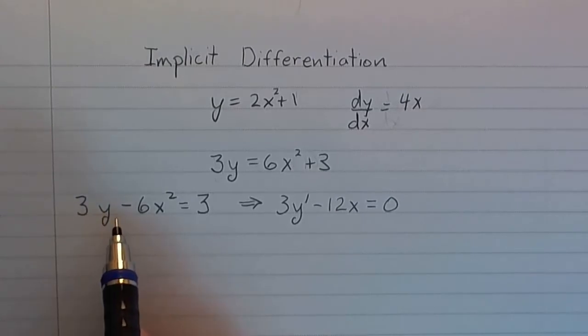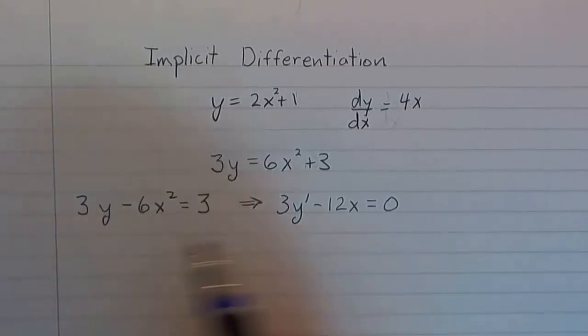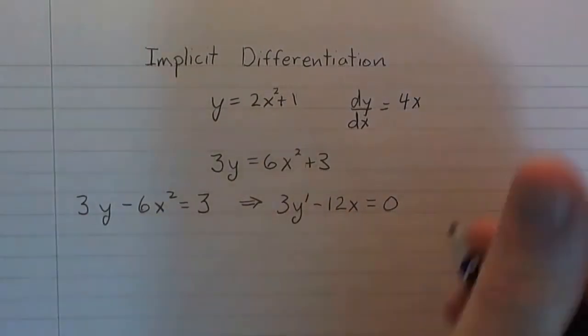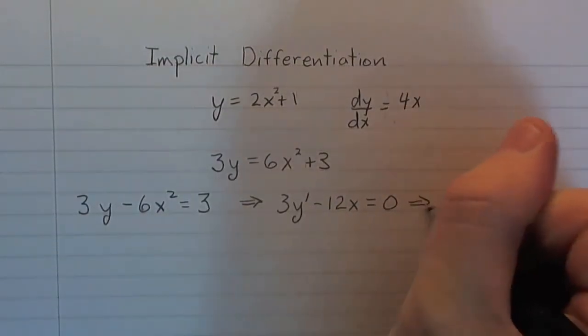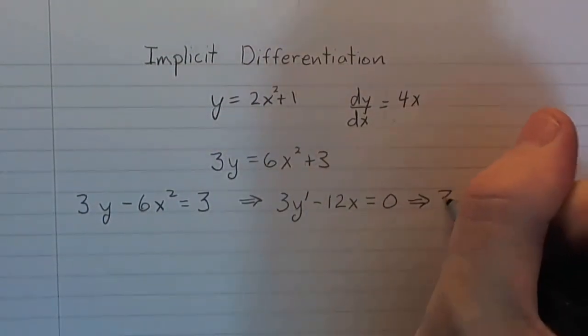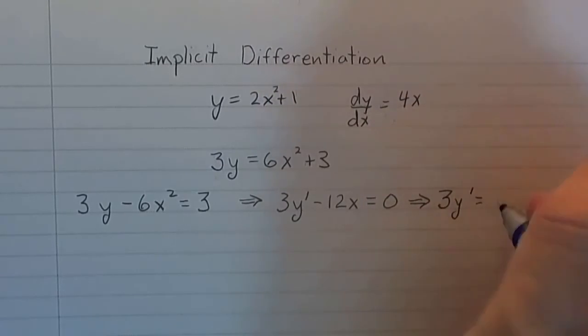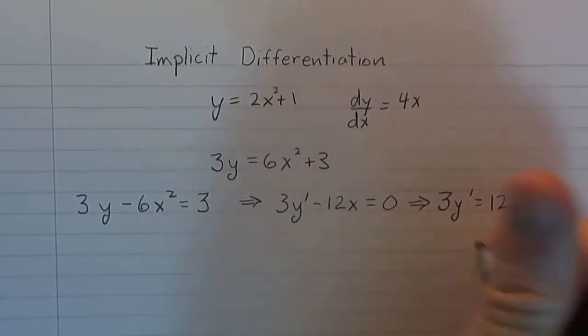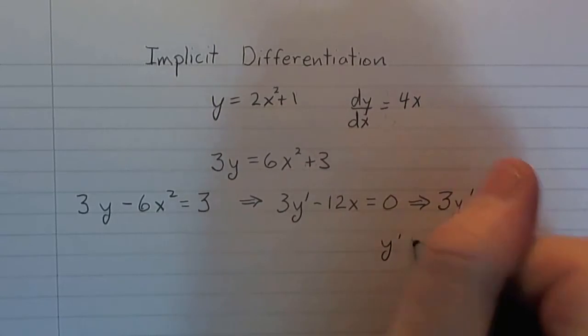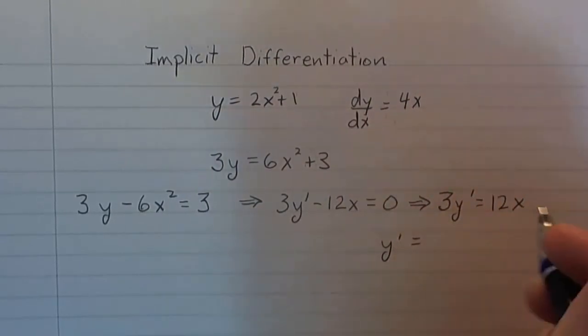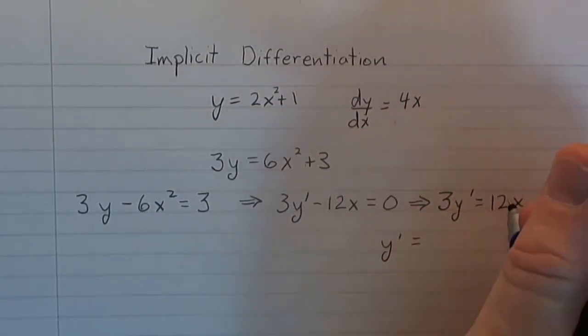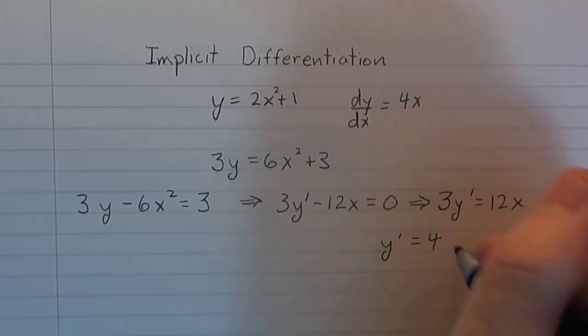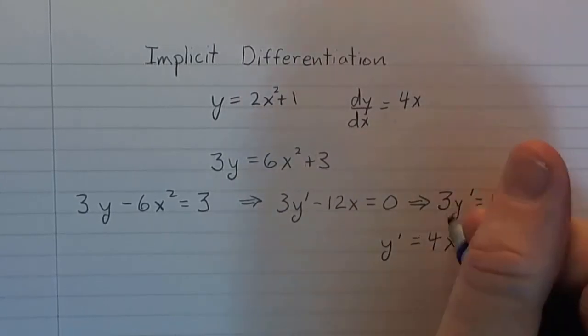It's y prime. It's dy/dx. Now, once I get to this point, let me go ahead and solve for y prime. So I get 3y prime is equal to 12x. Last step is to divide by 3, and I get y prime is equal to 12x divided by 3, that's 4x.